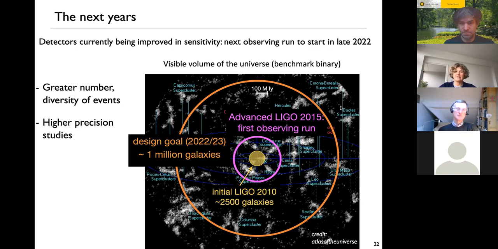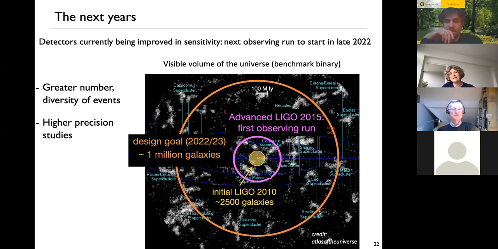Here, this is just illustrated for one of the benchmark binaries. So it's not the absolute volume they can observe, but you should focus on how it changed for this benchmark case from the initial detectors in 2010 to the first detection in 2015, which is the pink.